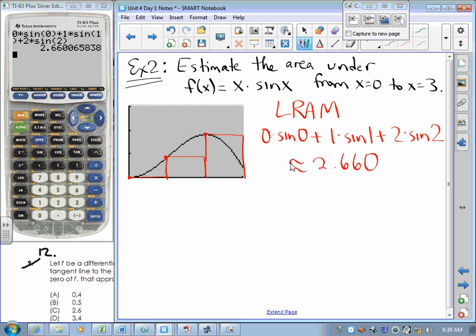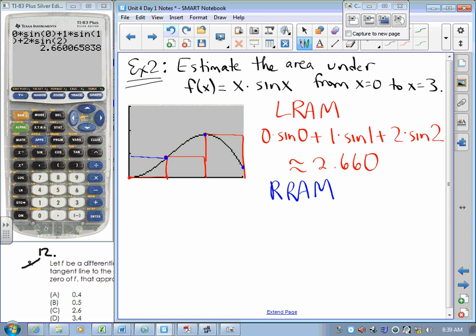Well, of course, we could do a right rectangle approximation method. In the right rectangle approximation method, we use the right endpoint of each interval to give us the height of the rectangle we're going to use.